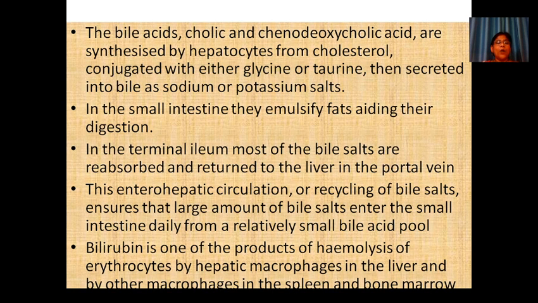Let us see how these are formed. The bile acids are cholic and chenodeoxycholic acids. These are synthesized by hepatocytes from cholesterol and conjugated with either glycine or taurine and then secreted into bile as sodium or potassium salts.